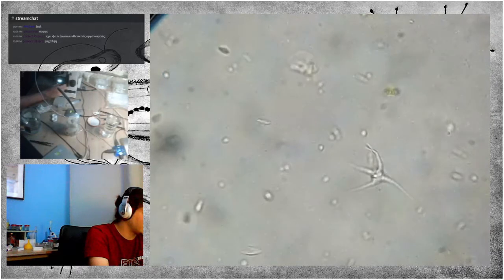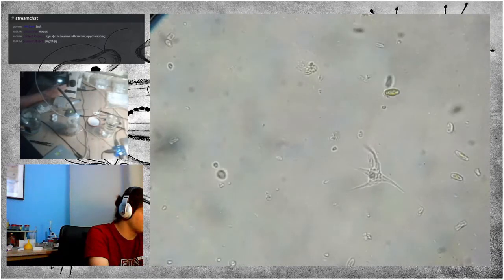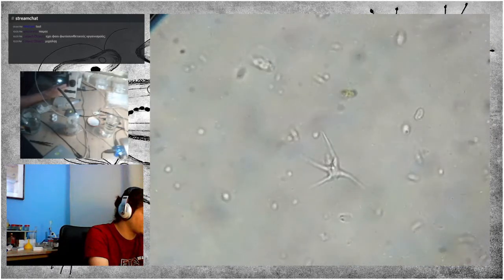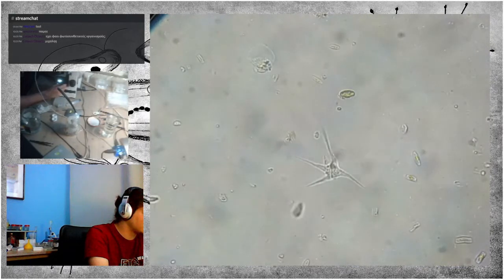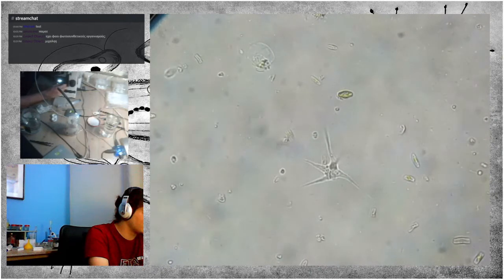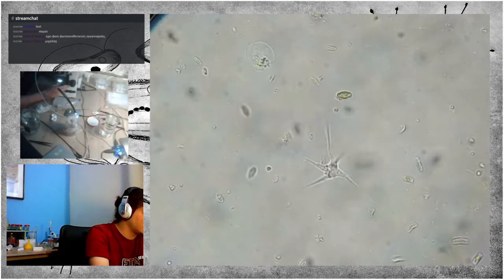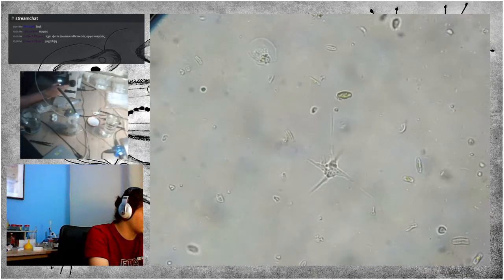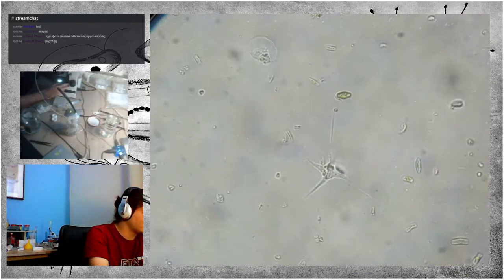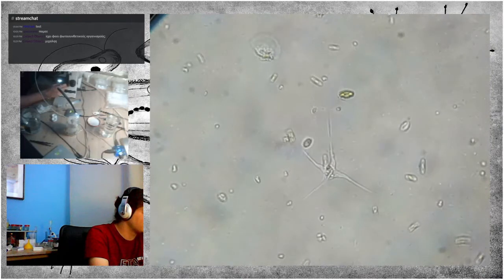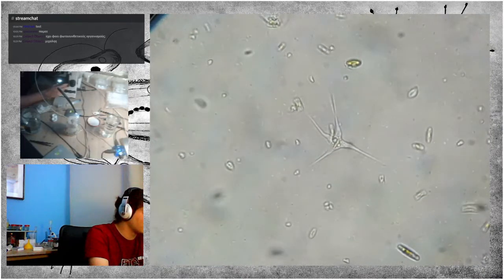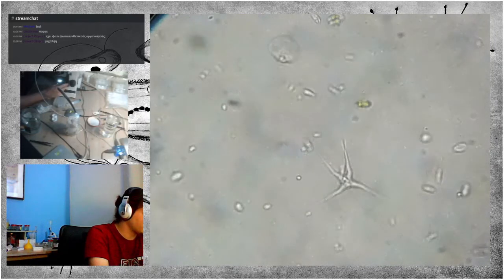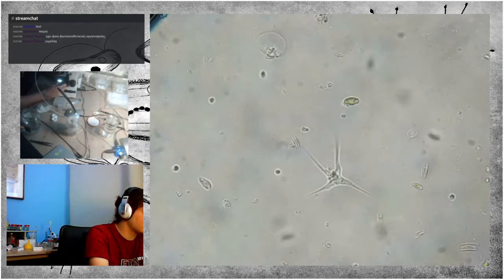But here there are obviously lots of ciliates moving around, and there I can just about see some bacteria moving around from probably the currents that are created by the ciliates. Very awesome though that I can see two forms of the same species.